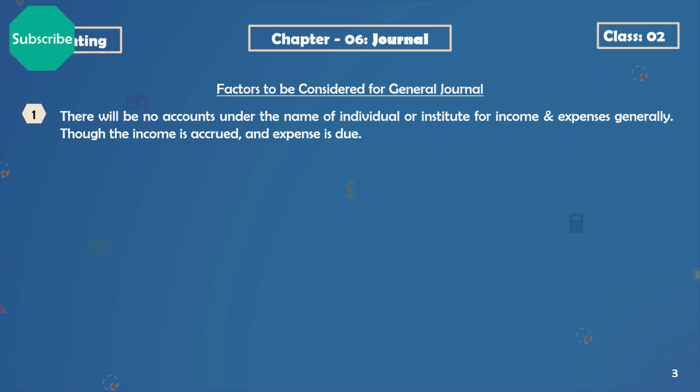Rather, we will write the name of that particular expense or revenue. It doesn't matter whether it is received or paid or accrued. We have to write the name of the accounts. So let's see how we have to record this.